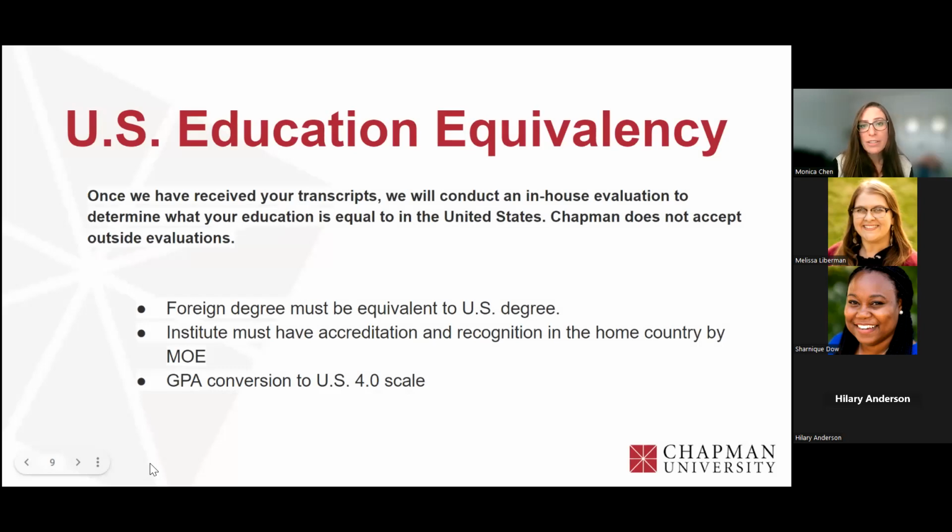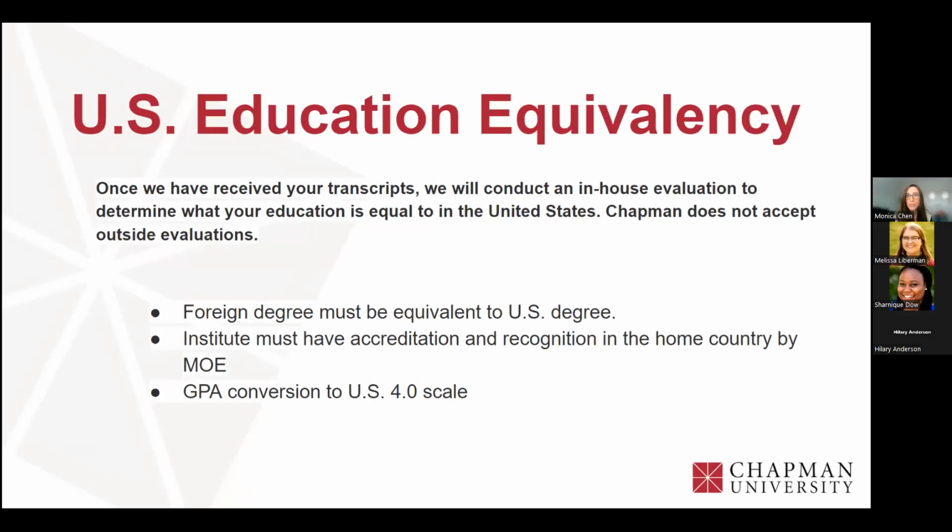Okay, so I mentioned how we do a bit of investigation on your transcripts to verify the language you were educated in. We also do equivalency evaluations. So we look at what your degree is from your home country and what that equates to here in the US.